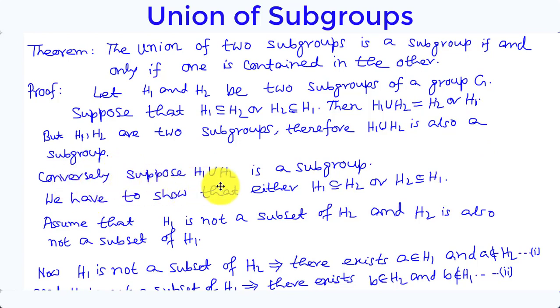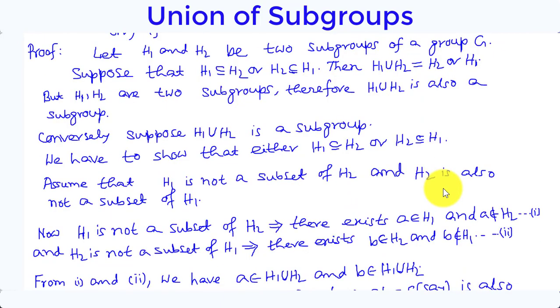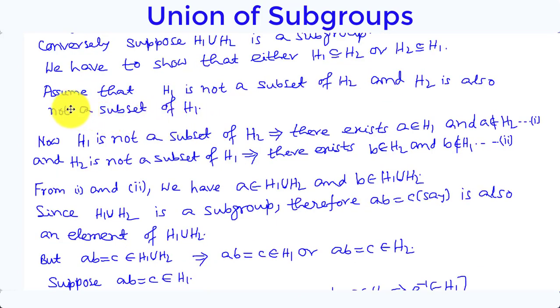Conversely, suppose that H1 union H2 is a subgroup. We have to show that either H1 is contained in H2 or H2 is contained in H1. Assume that H1 is not a subset of H2 and H2 is also not a subset of H1.